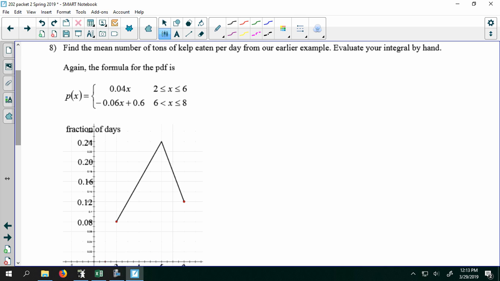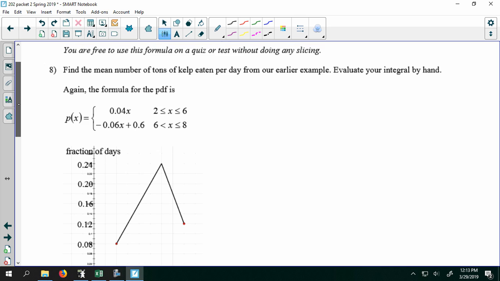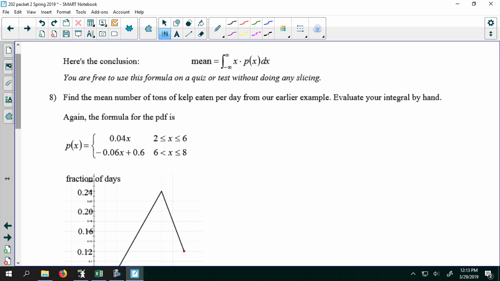All right, last problem, the mean number of tons of kelp eaten per day from our earlier example. So I'm just going to use this formula that I just scrolled up past. So the mean is the integral from negative infinity to infinity of x times p of x dx.